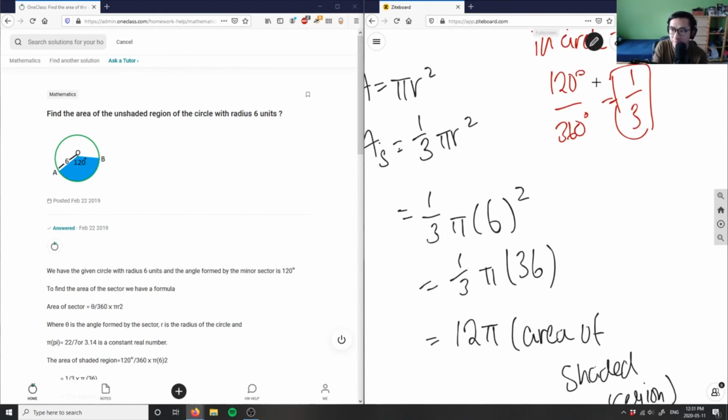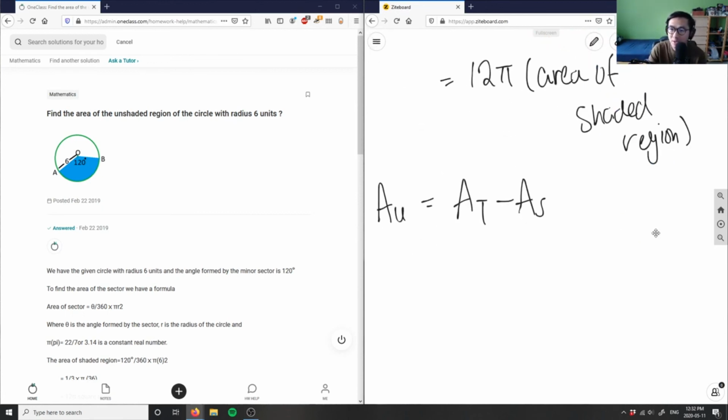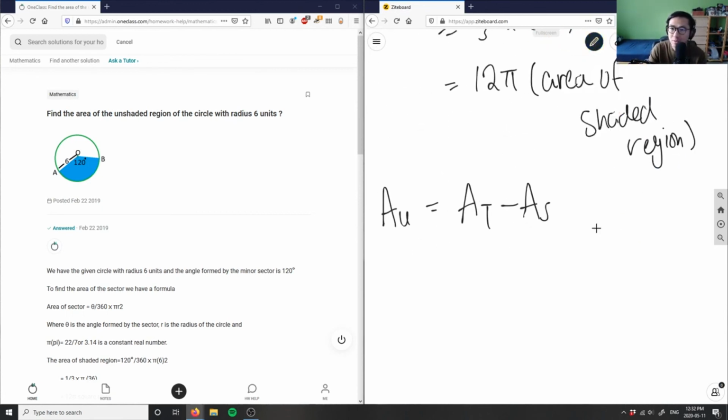So let me just do some side work here. The area of the entire circle is just A equals pi r squared, pi times 6 squared, which is simply 36 pi, right? So I can simply subtract 12 pi from 36 pi to get to my answer here.